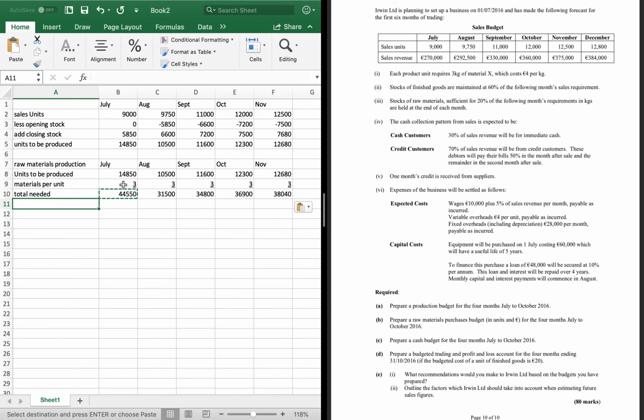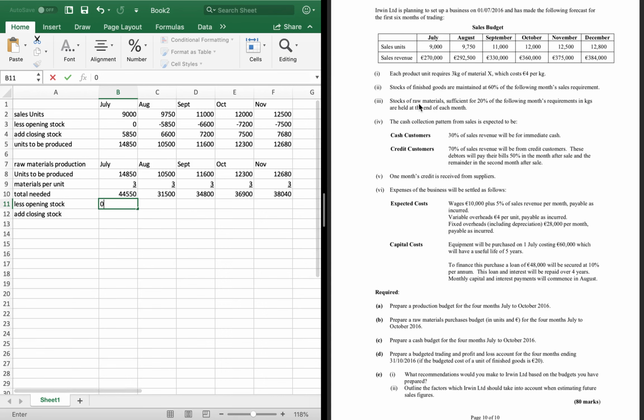units to be produced. Now again, just like with the production budget, it's less opening stock and add closing stock. So again, we said this is a new business, so your opening stock initially is 0, and then your closing stock will be a percentage of the next month.